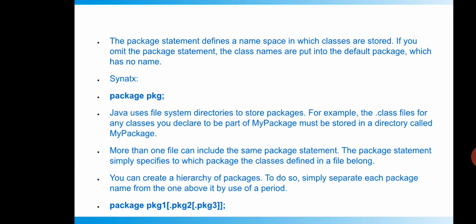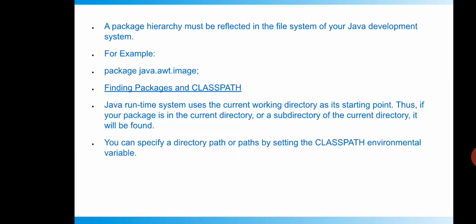So when you want multiple packages, a hierarchy of packages, you can follow this syntax. Next, a package hierarchy must be reflected in the file system of your Java development system. That hierarchy has to be reflected in your file system to use that concept in your program.